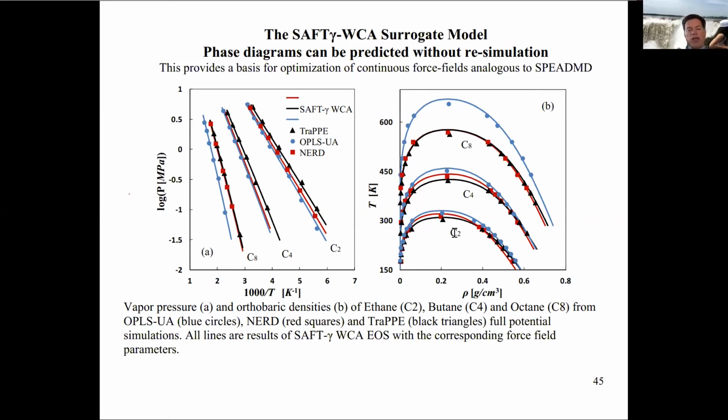Then we changed the epsilons and the sigmas to be the epsilon and sigma of the NERD potential and the OPLS-UA potential. Without doing any resimulations, we computed these curves, and you can see the curves go through the points. So we don't have to resimulate the entire equation of state; we can just recompute it from the surrogate model, this theory.